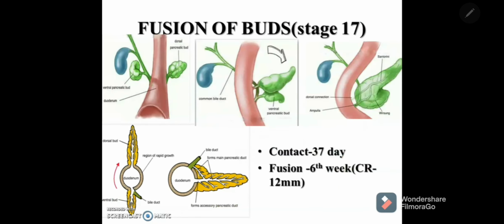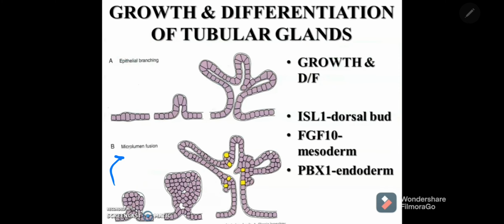During the development of the duodenum, which we have discussed in the previous video, there will be axial rotation in the second part of the duodenum, resulting in the fusion of both ventral and dorsal pancreatic buds.